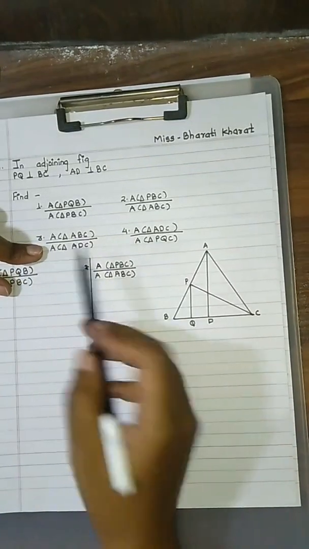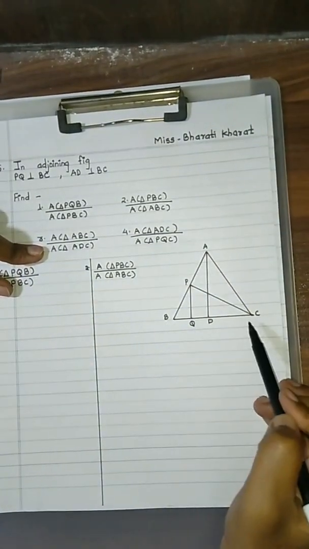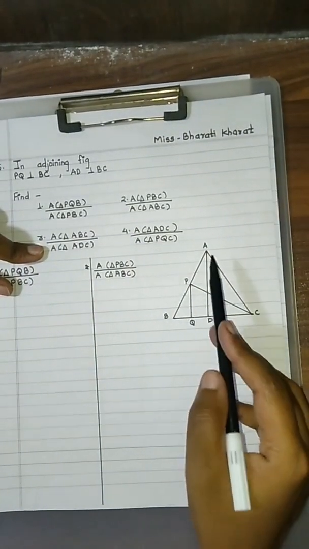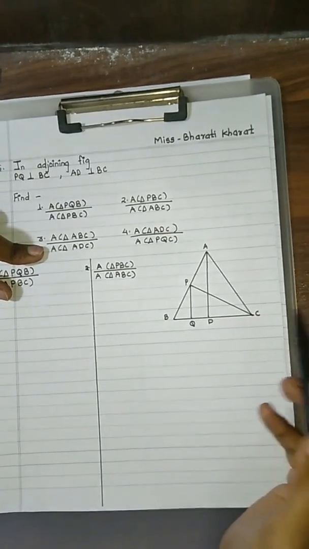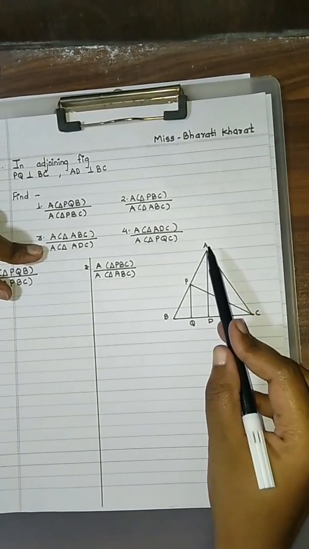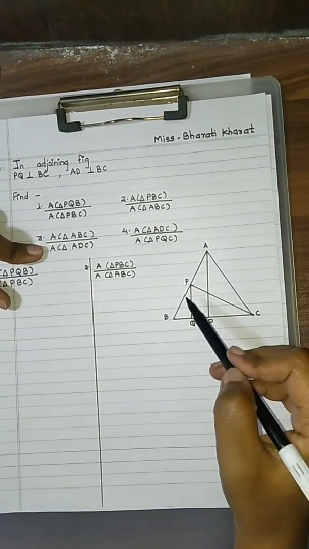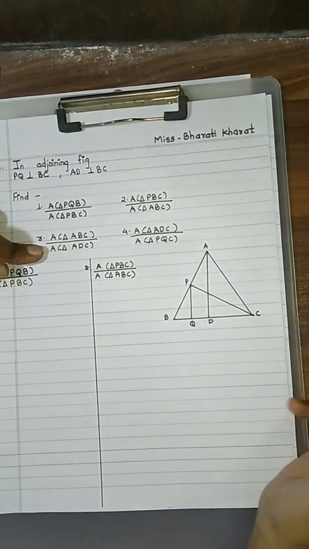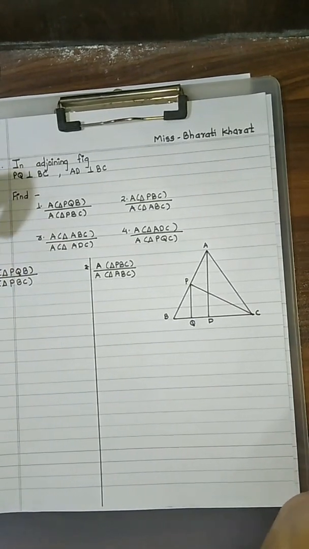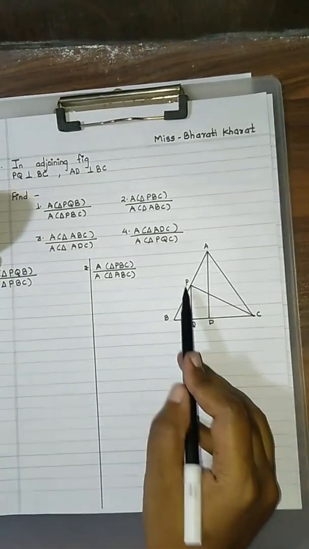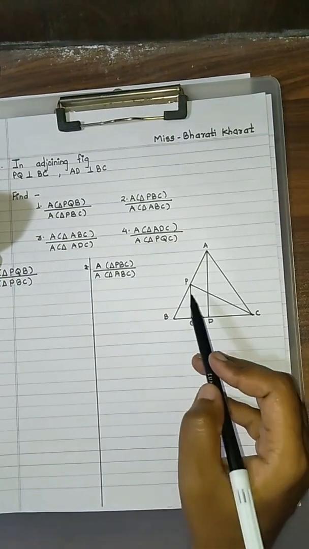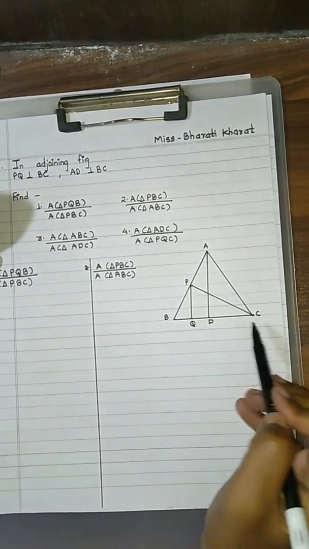Third one, area of triangle ABC upon area of triangle ADC. And fourth one, area of triangle ADC upon area of triangle PQC. So let us start with the first one, that is area of triangle PQB upon area of triangle PBC.